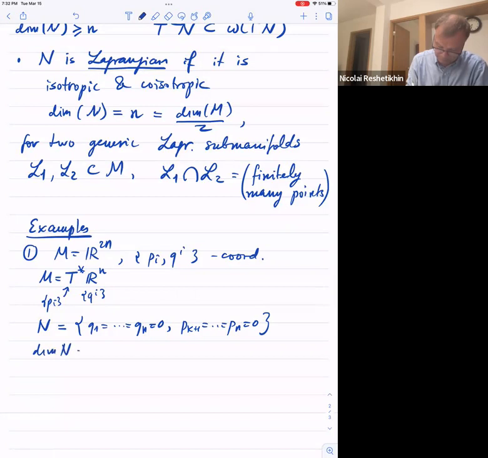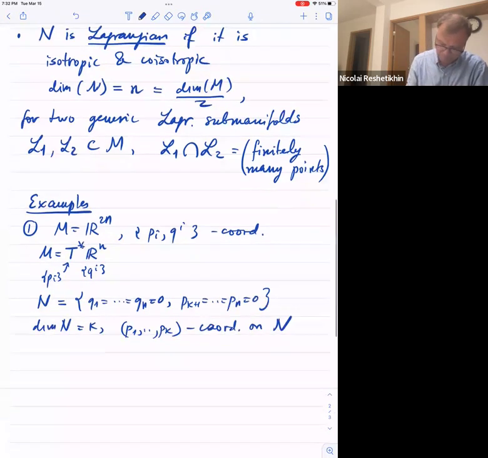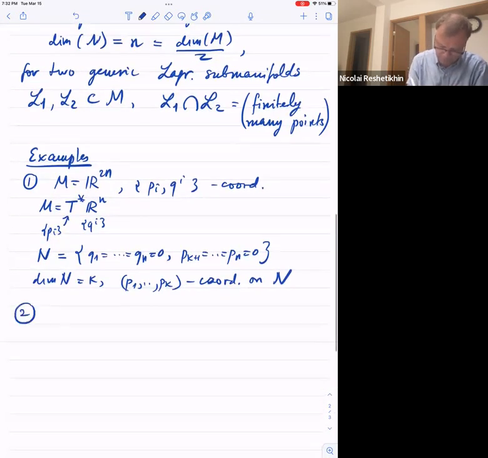Clearly, the dimension is k, and in this case, p1 through pk are global coordinates on such N. So this is a very simple, not very interesting geometrically example.